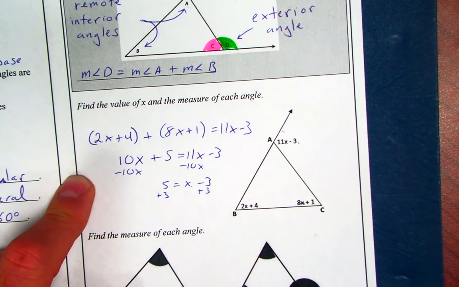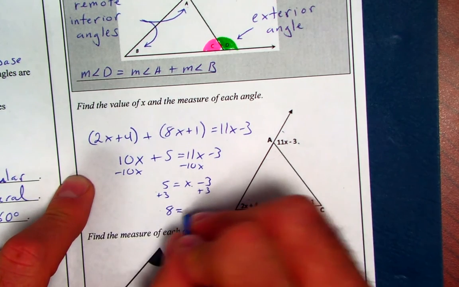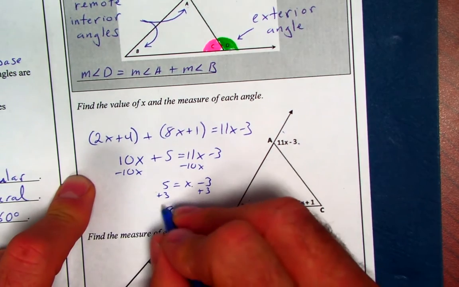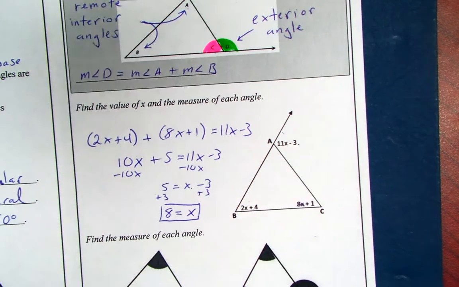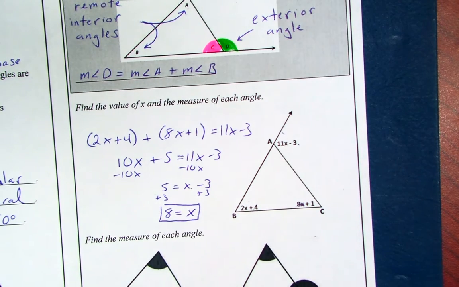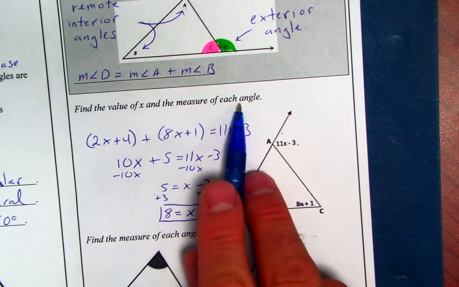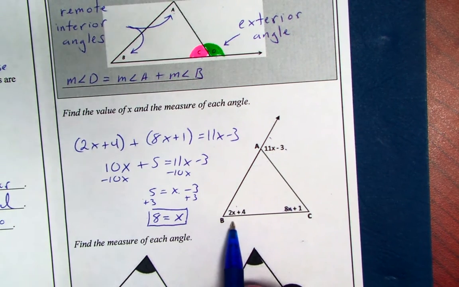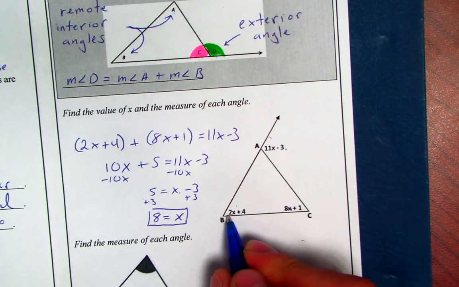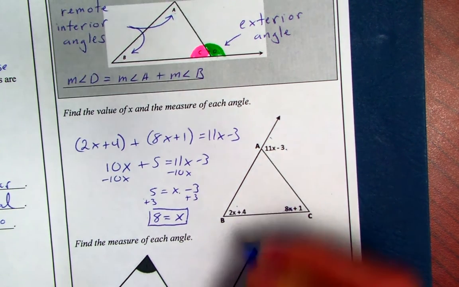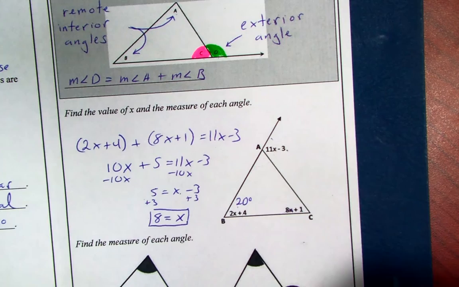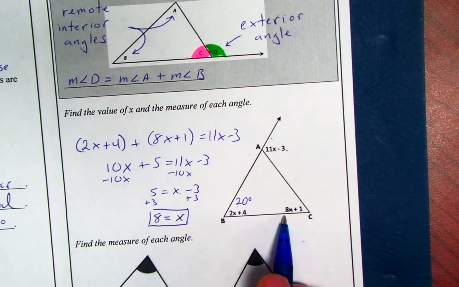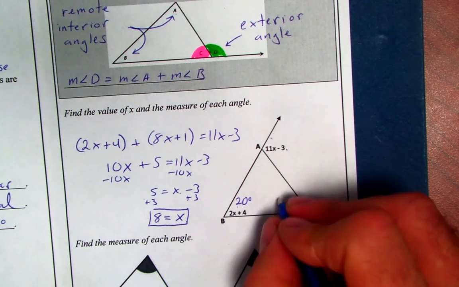Add 3 to both sides. 8 is the value of x. All right, but we need to go a little bit further, find the measure of each angle. So substitute 8 in for each x. 2 times 8 is 16. 16 plus 4 is 20. 8 times 8 is 64, plus 1 is 65.